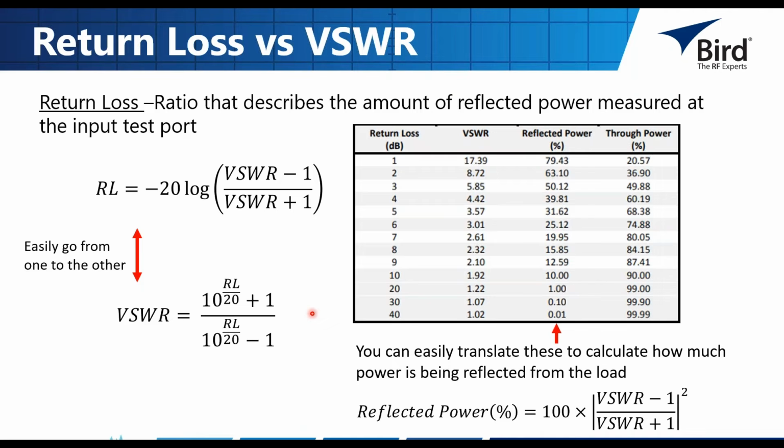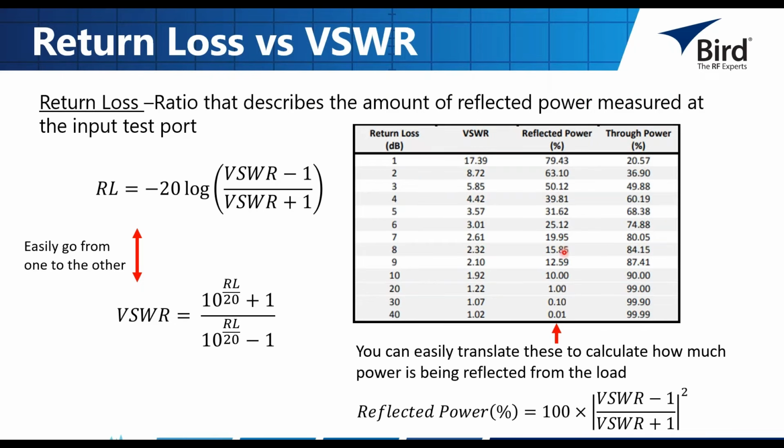So we're essentially describing the same quantity, and we can very easily move from one to the other. One thing that is very helpful to refer to is here where we have return loss and VSWR being translated into how much power is being reflected and how much power we're actually delivering to the load.